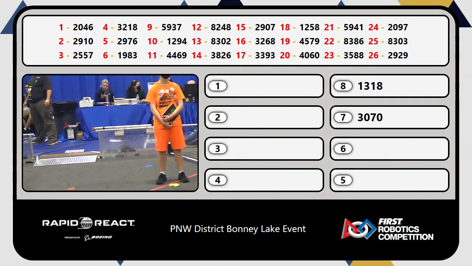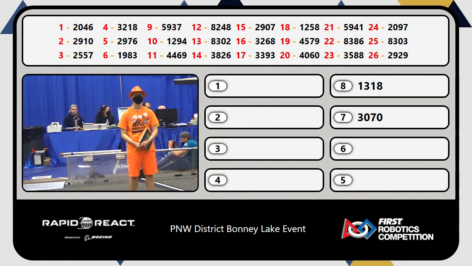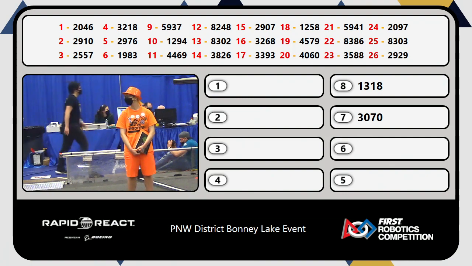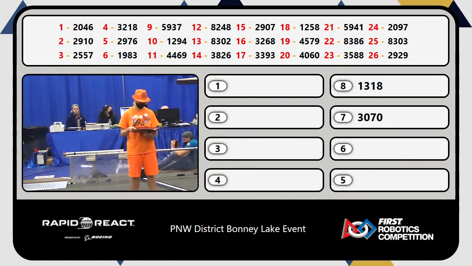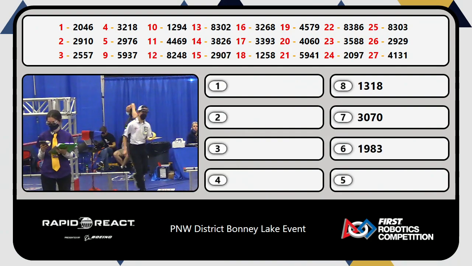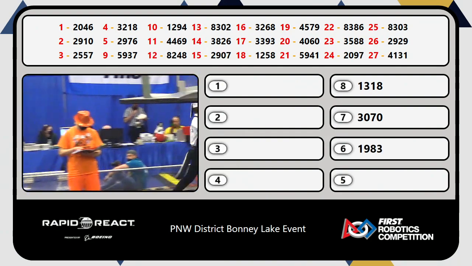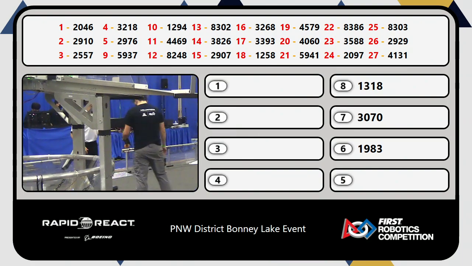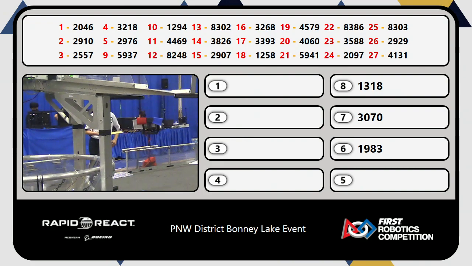And now, your number 6 seeded team. That's 1983. A 4-H team from Seattle, Washington, Skunkworks Robotics. And your 5th seeded team, 2976.